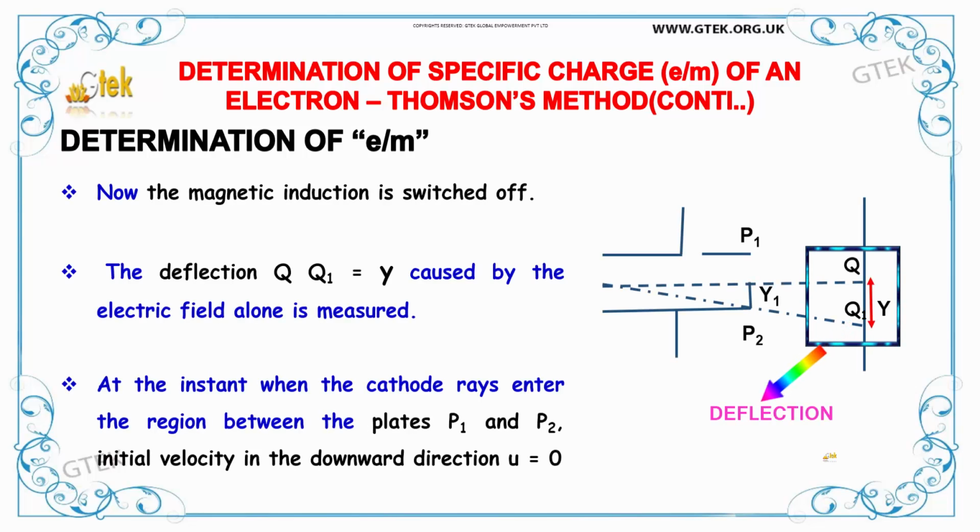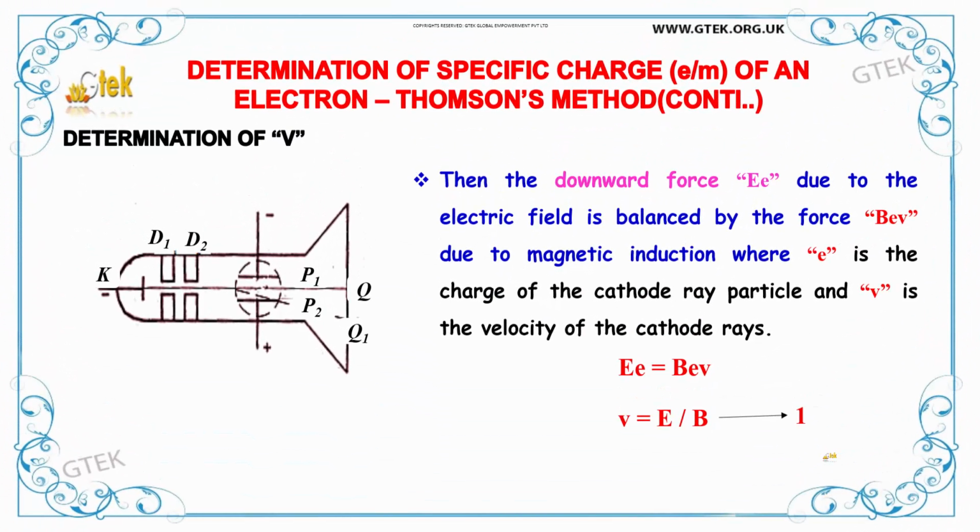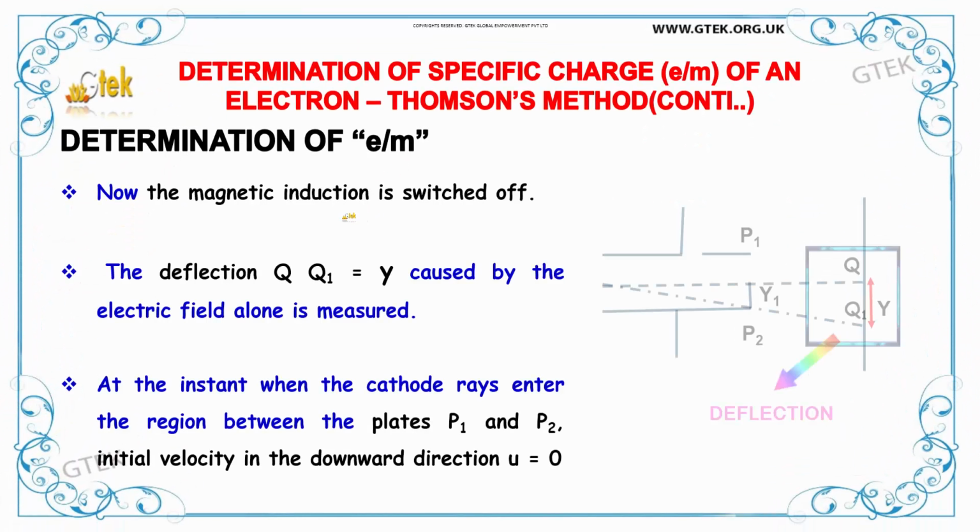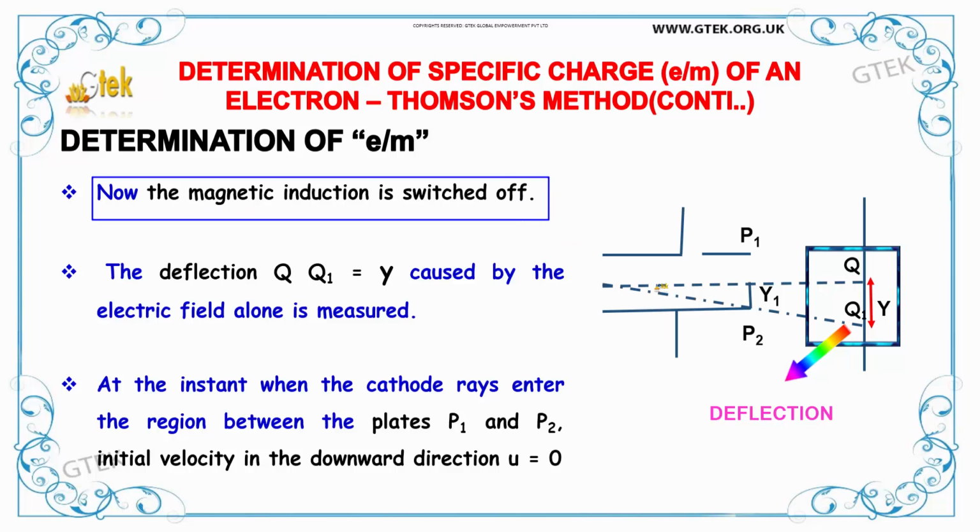Now we'll talk about the determination of e divided by m. Previously we discussed the determination of v, the velocity of cathode rays. Now we'll talk about e divided by m. How can we determine it? The magnetic induction is switched off now. This is the first condition.